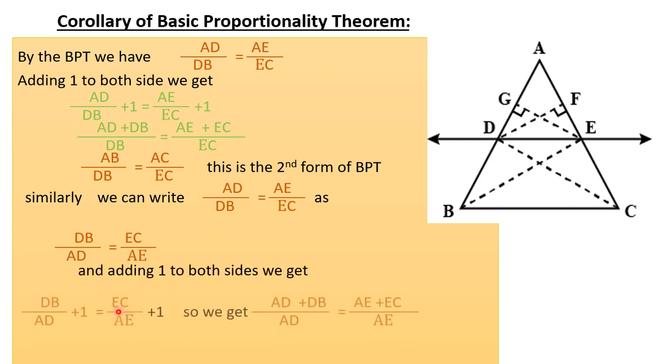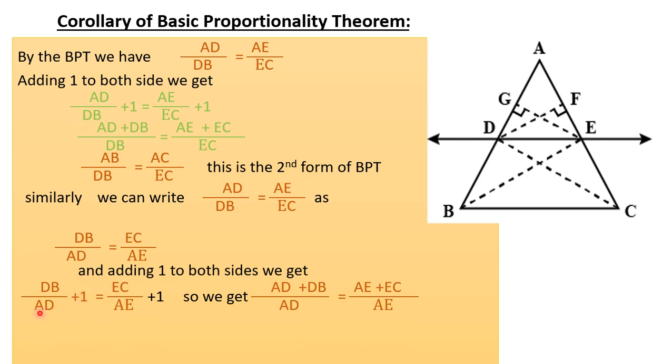After adding 1 on both sides and solving and getting the LCMs, we get AD plus DB upon AD is equal to AE plus EC upon AE. Again by the figure, AD and DB make the line segment AB and AE and EC make the line segment AC. So the other form of this is AB upon AD is equal to AC upon AE. This is the third form of the equation.